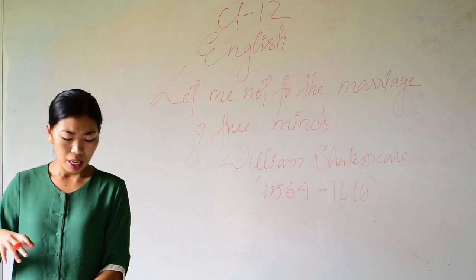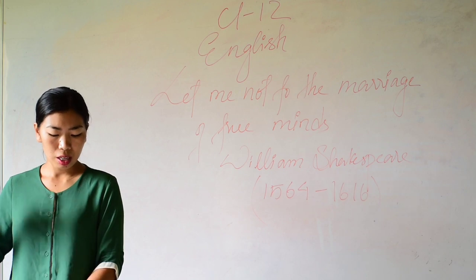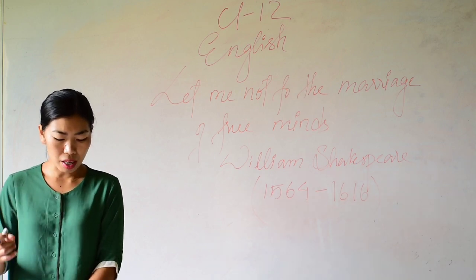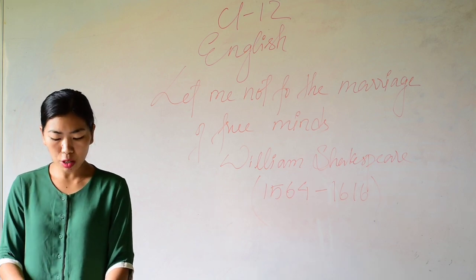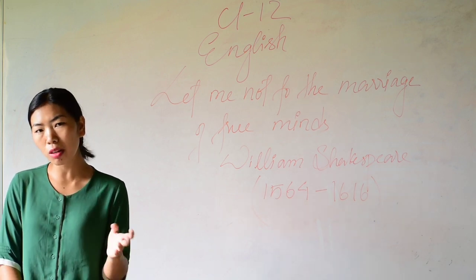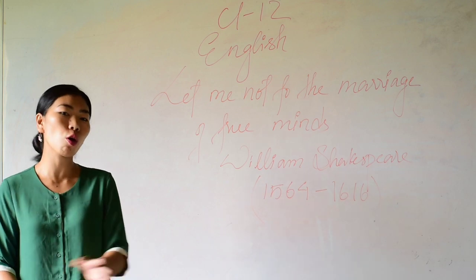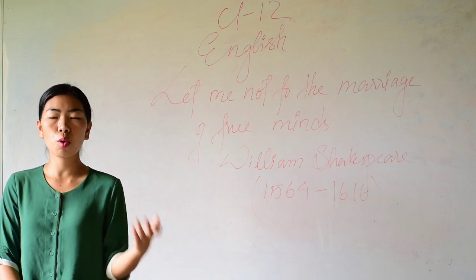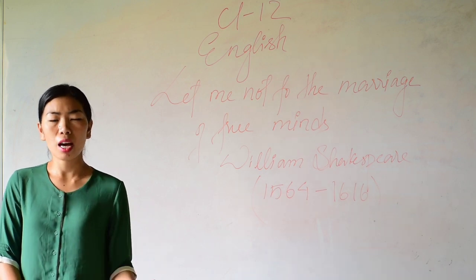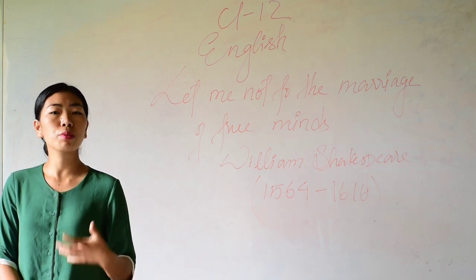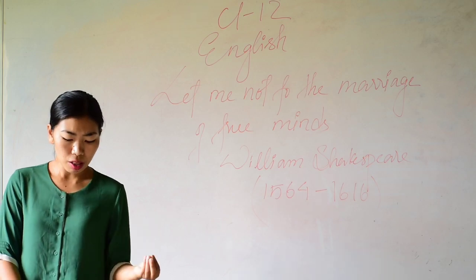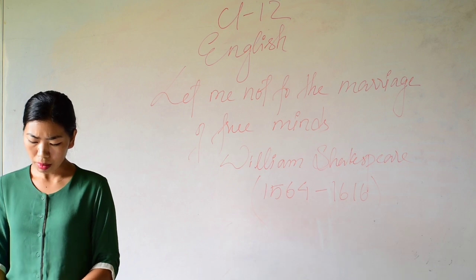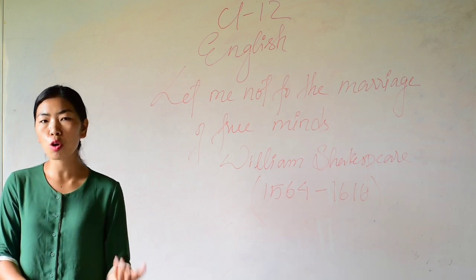And it says it doesn't go along with time's brief hours and weeks, but bears it out even to the edge of doom. Doom means the end of days, which for a person could be death. So true love stands till the end of the days. It bears and endures altogether.